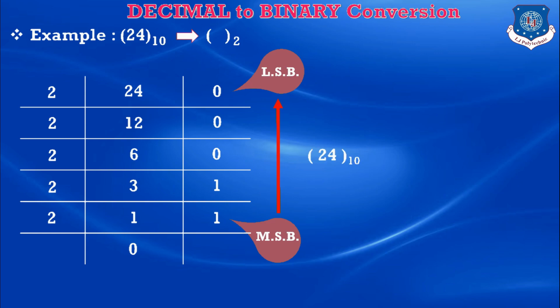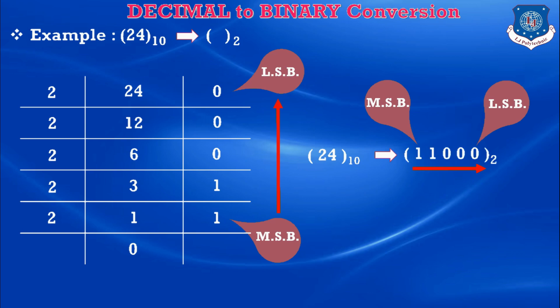As you can see here in the answer, 24 of the decimal number is converted into binary form, right, like this. Here MSB is the leftmost bit and LSB is the rightmost bit. Students, now focus on the screen. We will solve some more examples for your more practice.